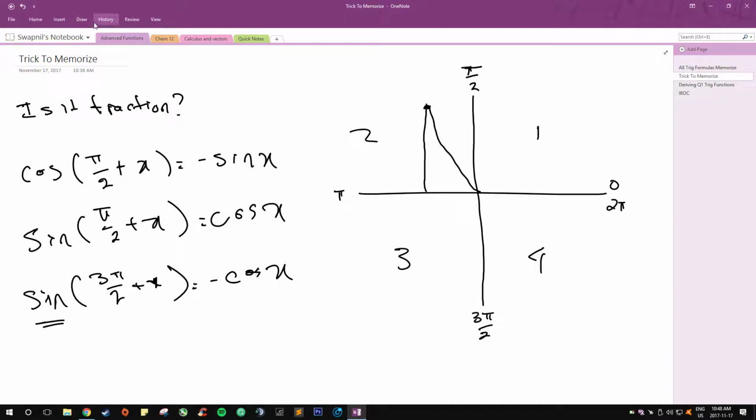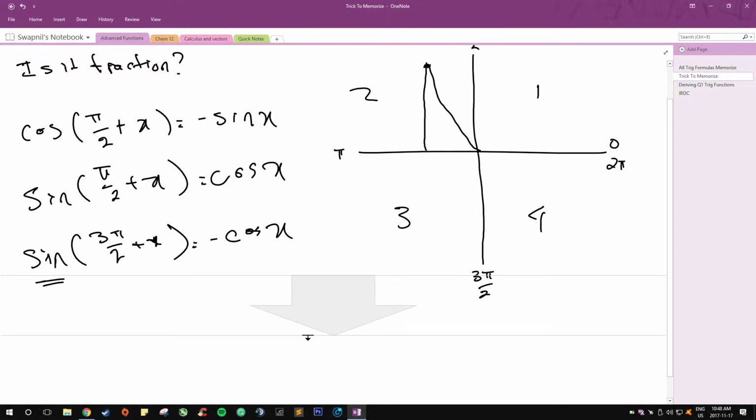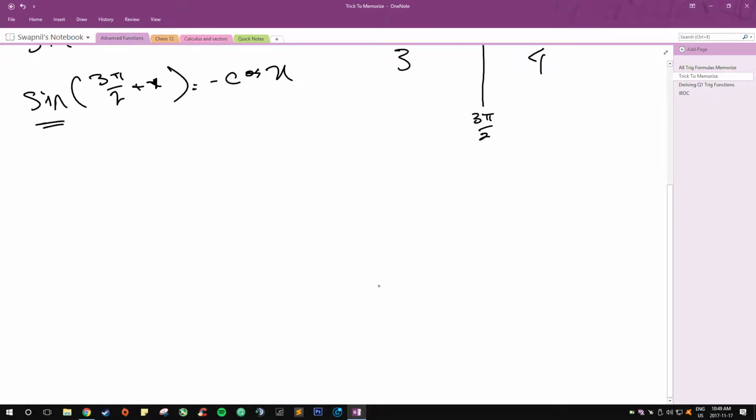Now let me show you how to do it if there is no fraction. Let's say they give you sine of 2 pi minus x, okay? So you don't even need to memorize this now with this trick, nor do you need to derive it. You look, sine, right, and then you have 2 pi minus x.